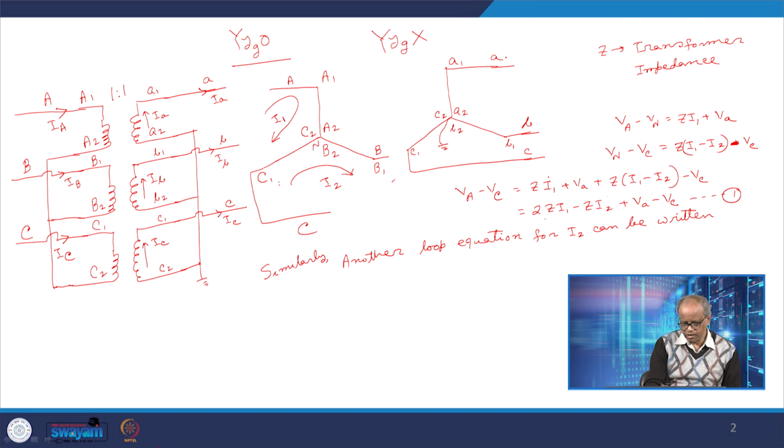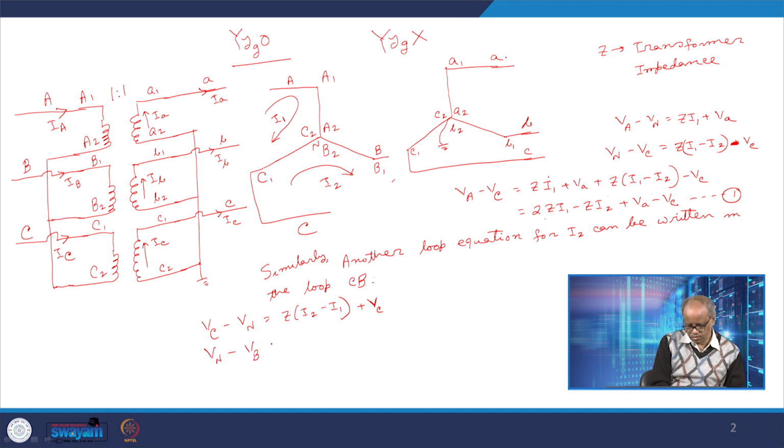For example, if I write for the loop CB, essentially Vc minus Vn is equal to Z into I2 minus I1 plus V small c, and Vn minus Vb is equal to Z into I2 minus V small b.